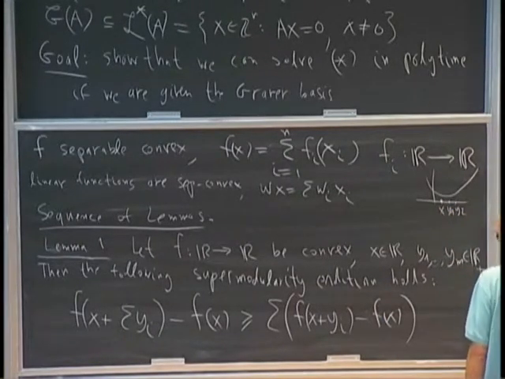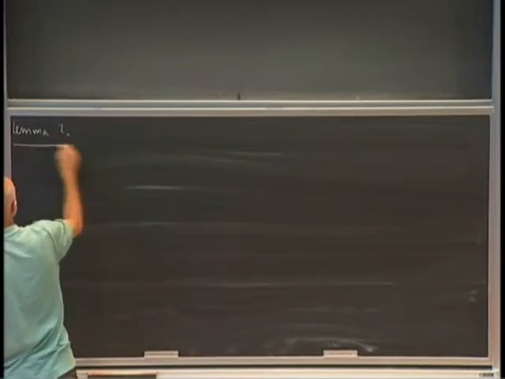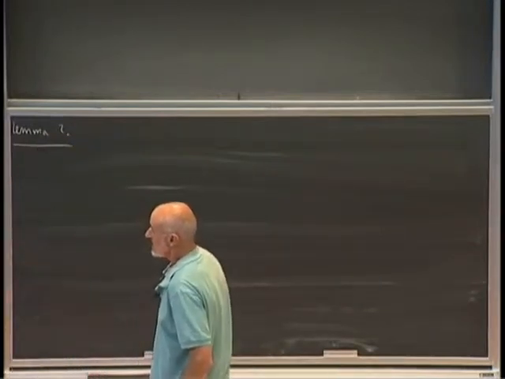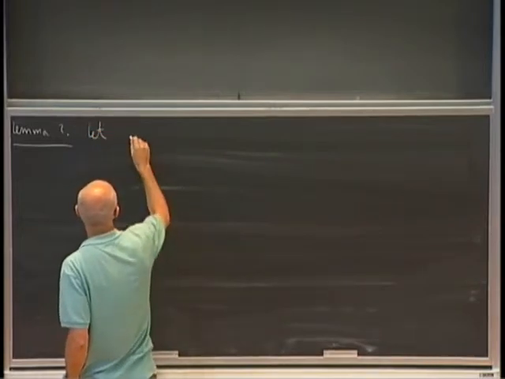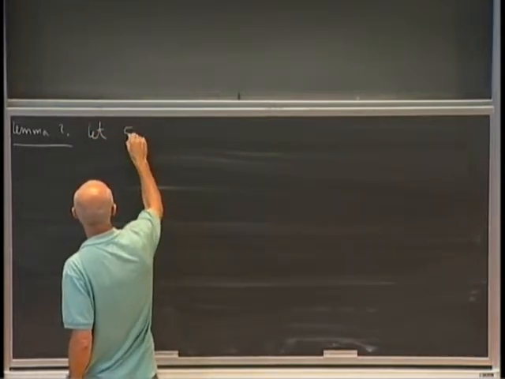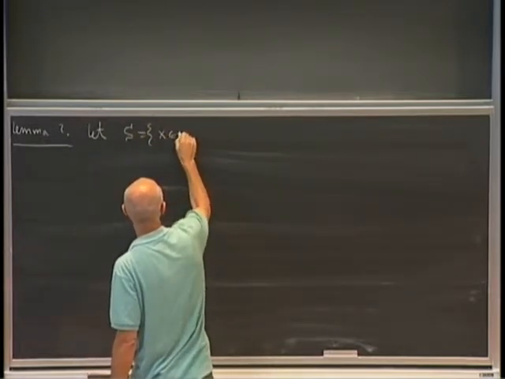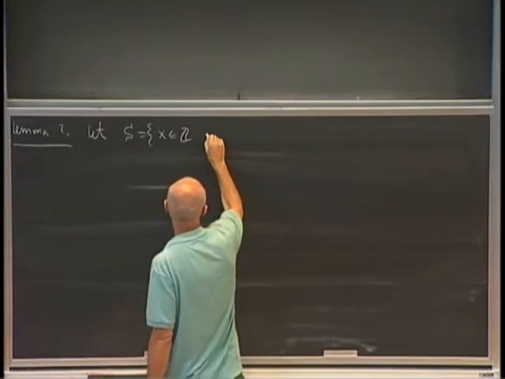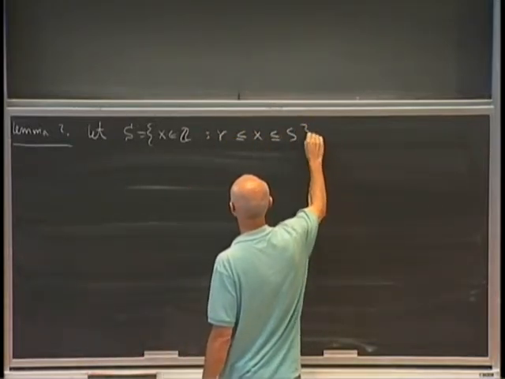The next lemma on univariate functions still is an algorithmic lemma. So here's another lemma, let's call it lemma 2. This is algorithmic. And it says again, suppose, let's say S is a set of integer numbers in Z univariate, which lie between two other numbers.